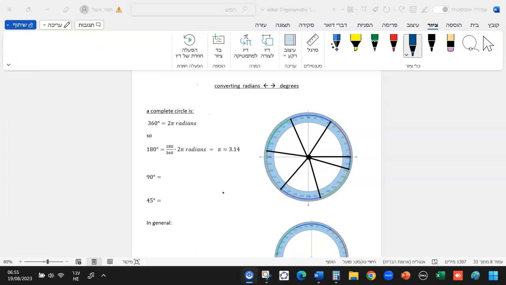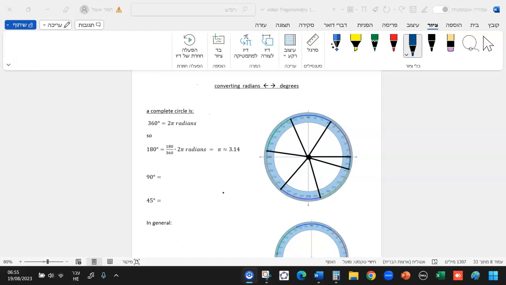In this drawing, we can see that a complete circle is covered by 360 degrees, or by 2 pi, that is around 6.28 radians. So 360 degrees is the same as 2 pi radians.